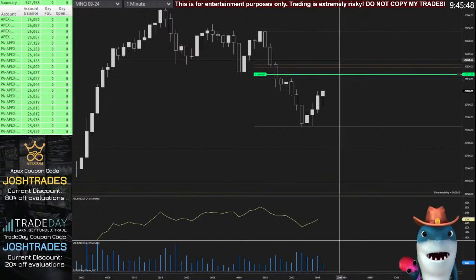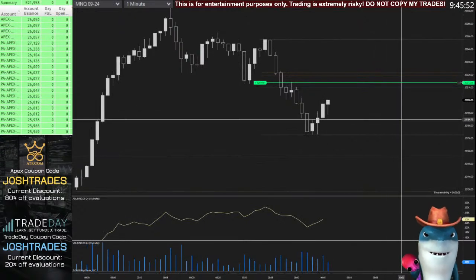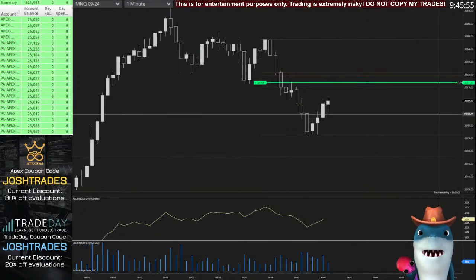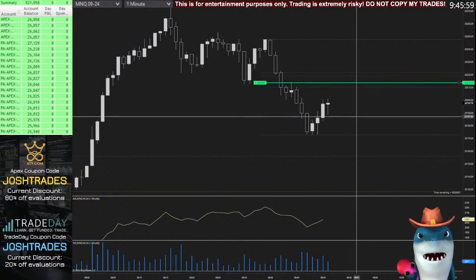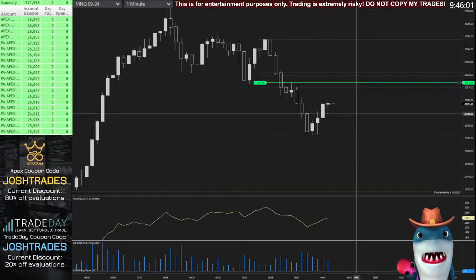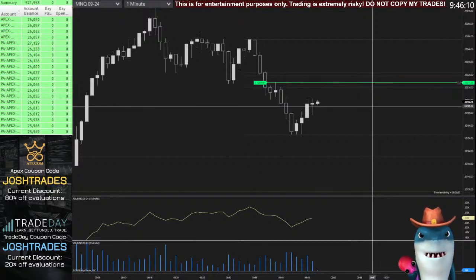Maybe price might go up a little bit and then flush back down. Generally, I like going into these trades with just one contract to start, and then assess how the trade is going before sizing in. I tend to size into winners.